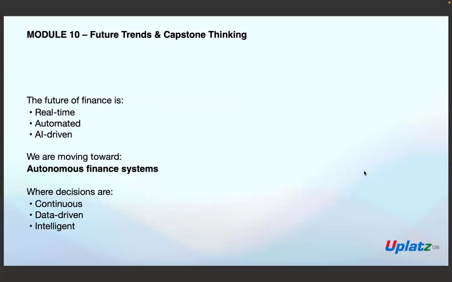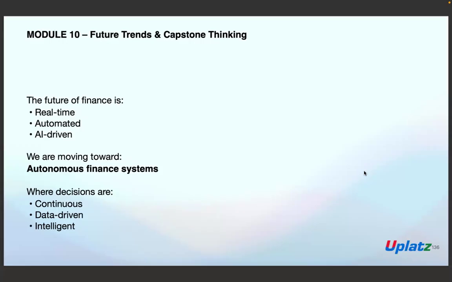The final module focused on future trends and capstone thinking. The future of finance is real time, automated, and AI driven. We are moving toward autonomous finance systems where decisions are continuous, data driven, and intelligent.